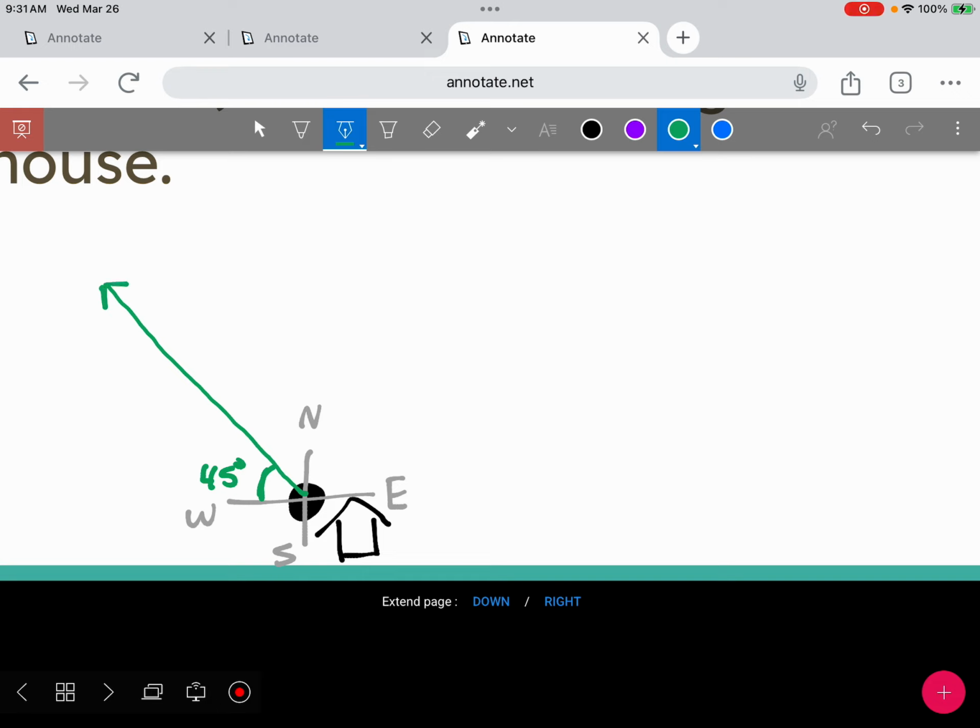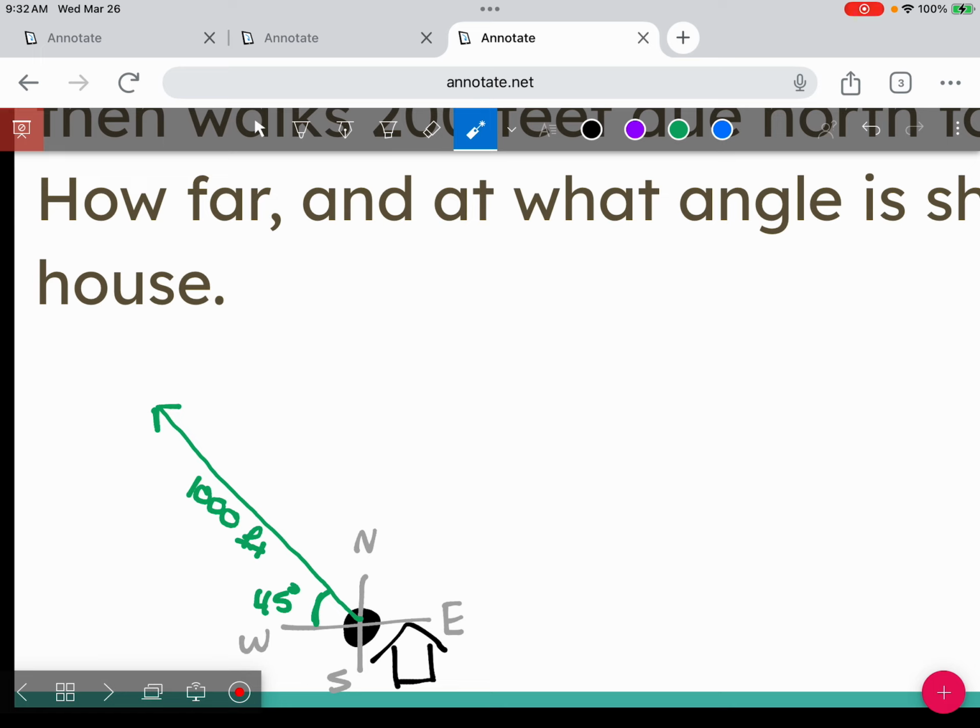So here is our first piece. And she goes for 1,000 feet. True west just means straight west. Then she's going to go for 200 feet due north.